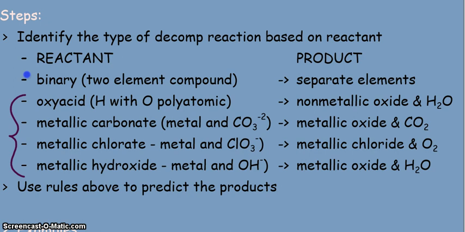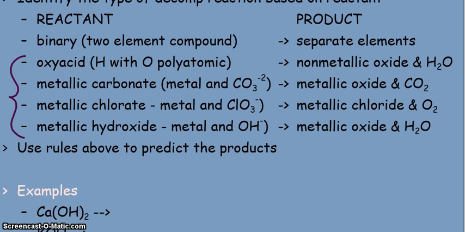So in order to identify what type of reactant you have, you're simply going to match the name to what is in the compound. So an oxyacid would be one of those acids that has H first and then a polyatomic ion bonded to it. So your sulfuric acids, your chloric acids, anything without the hydro in it would fall in that category.